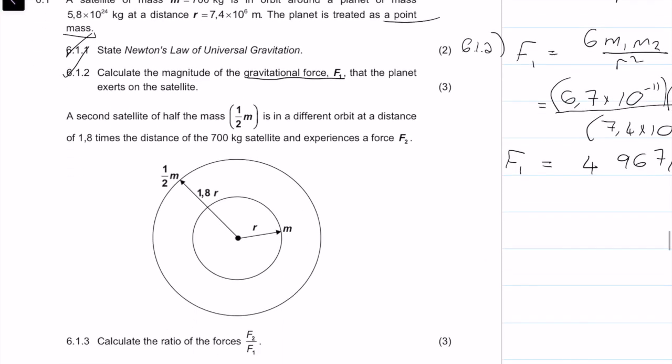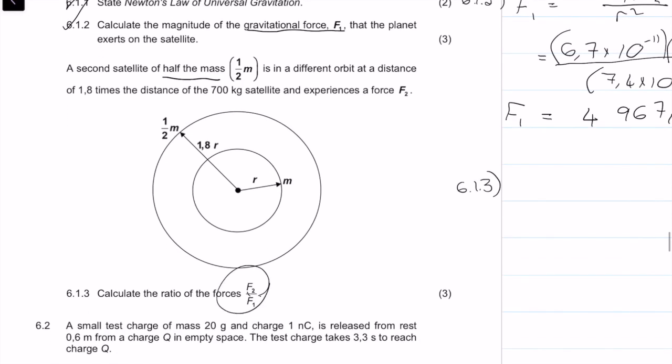Okay, so a second satellite of half the mass is in a different orbit at a distance 1.8 times the distance of the 700 kilogram satellite, and experiences a force F2. Calculate the ratio of F2 to F1. So 6.1.3, we want F2 over F1.